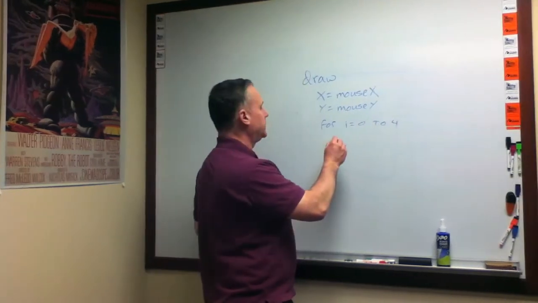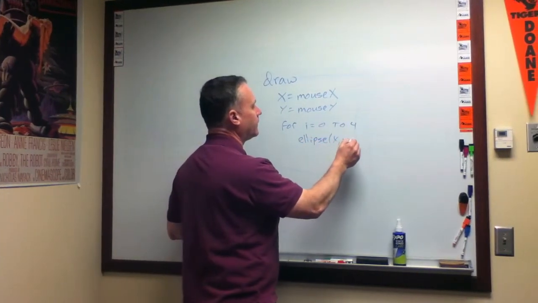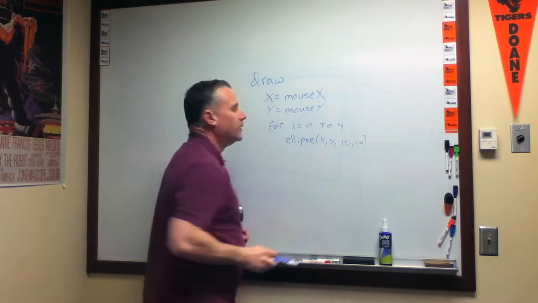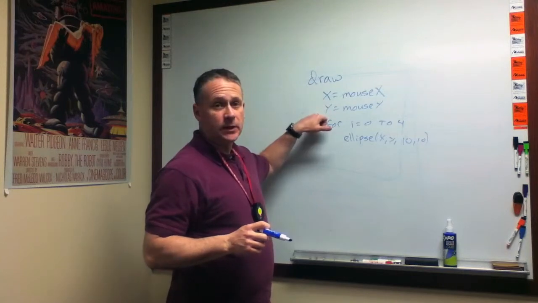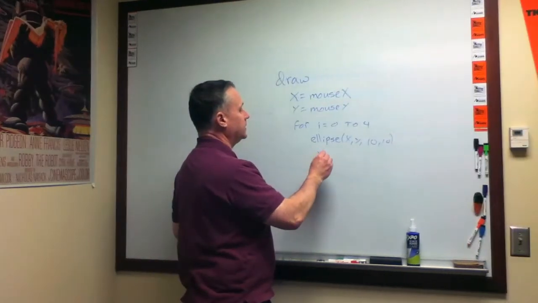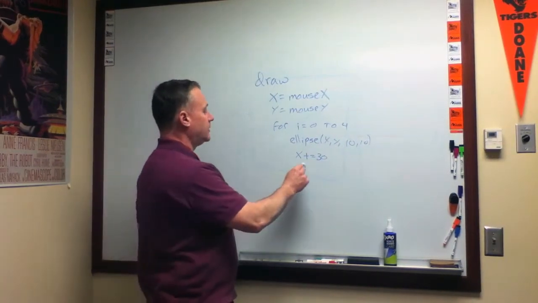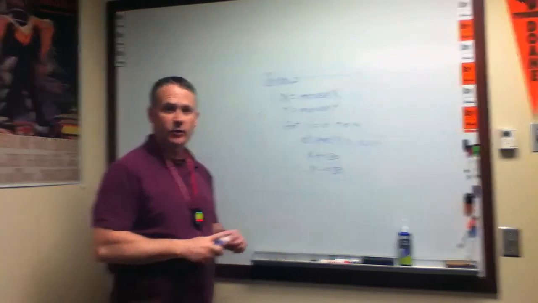So we'll make our ellipse. Let's see, we had 10, 10, I believe. And then what we'll do is modify the values of these so that we go up and to the right again. So that was adding 30 pixels to the x variable and subtracting 30 pixels from the y variable.